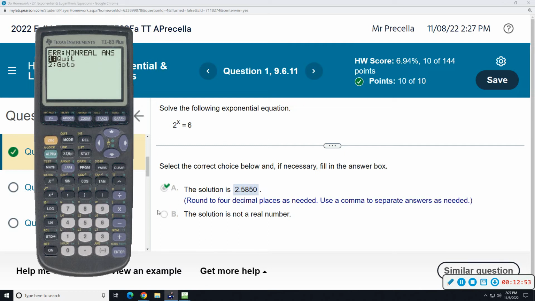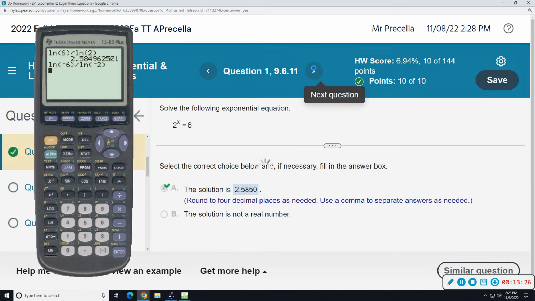That's when you would choose answer B. But as a general rule of thumb, if that's it, you punched it in wrong. Okay? Theoretically, if your calculator says non-real answer, then okay, choose option B. But I've never actually seen these problems regenerate so that that's the correct answer. Usually, if that's what you're getting, this answer here, that means you punched in something wrong. Okay?